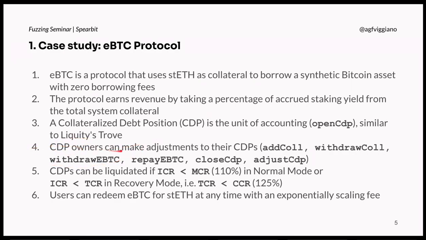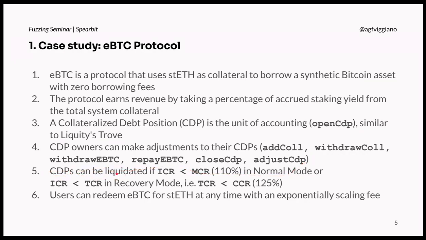CDP owners can open more than one CDP, and each one can have a different collateralization ratio. They can add collateral, withdraw collateral, get more debt by withdrawing eBTC, increasing their debt, or reduce their debt by repaying some of the eBTC they minted. They can close the position and repay all their debt for that position. They can also do a mix of these operations and adjust the CDP directly by providing different values.